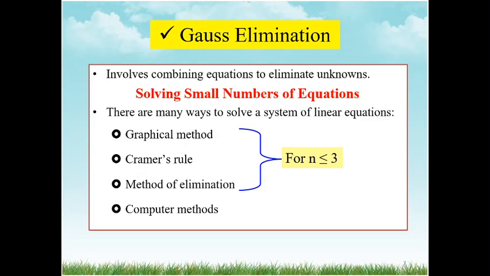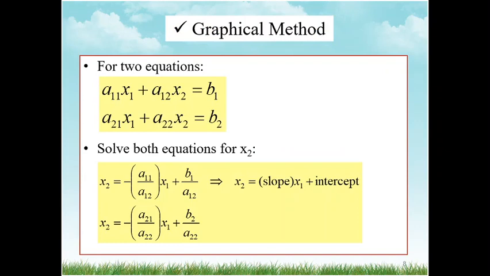Maximum is three or less. Let's say we have these two simultaneous linear equations. There are two unknowns, so we can use this method to find the values of x1 and x2.